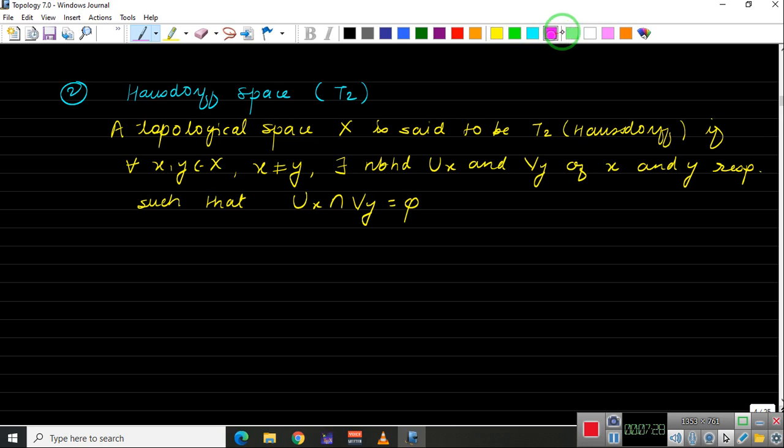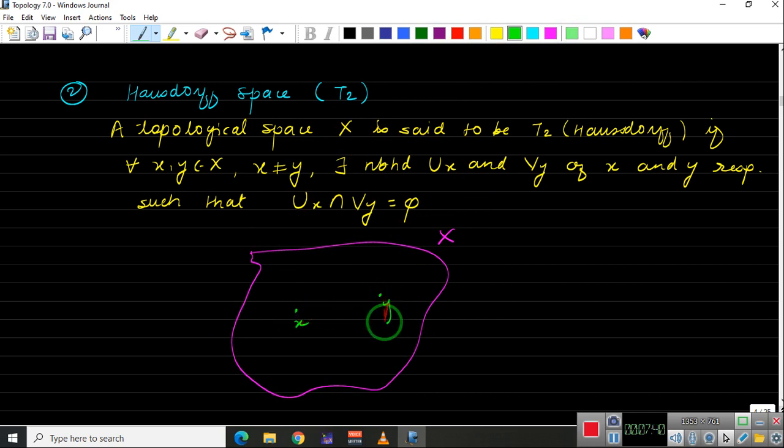And if we want to draw the diagram, suppose this is our X. Now, if we take any two points in X, say x and y, no matter where you are taking, no matter how close you are taking, there should exist two open sets, a neighborhood of x, say Ux, and another neighborhood, say Vy, such that the intersection is empty.